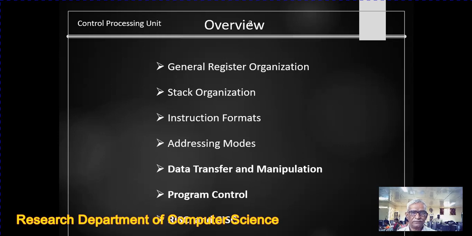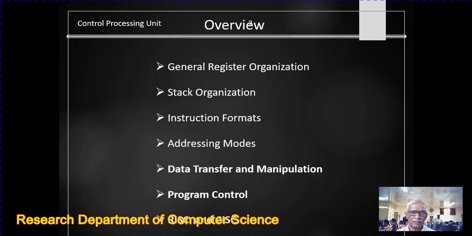It consists of general register organization, stack organization, instruction formats, addressing modes, data transfer and manipulation, program control, and RISC and CISC operations. As we discussed earlier regarding general register organization, a number of registers are there.